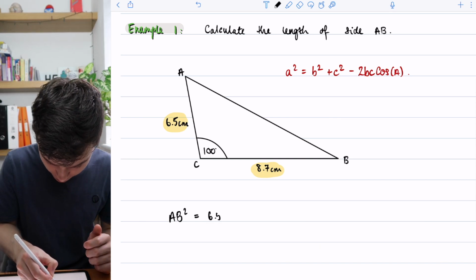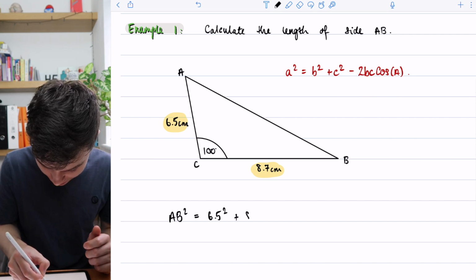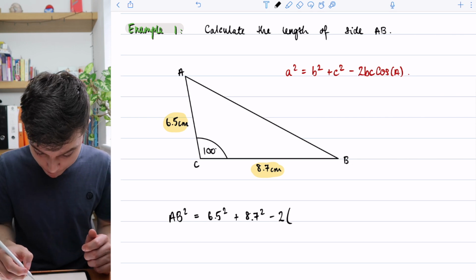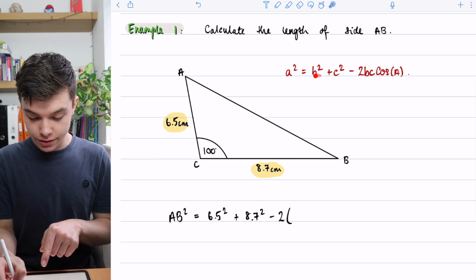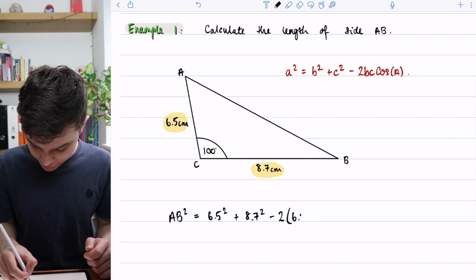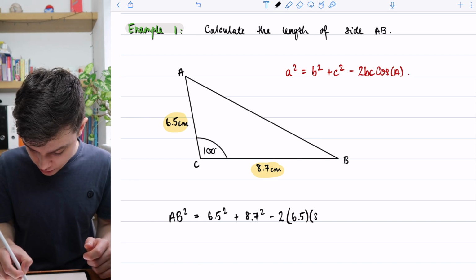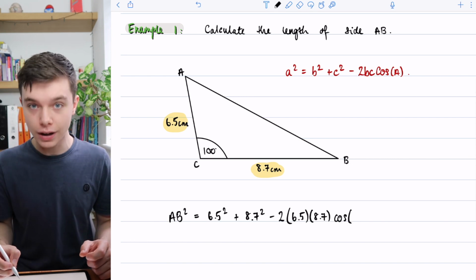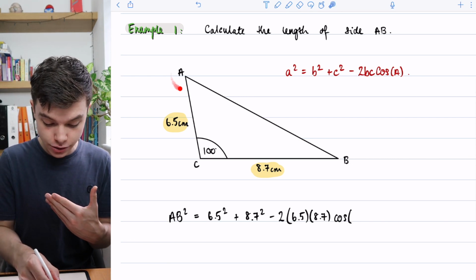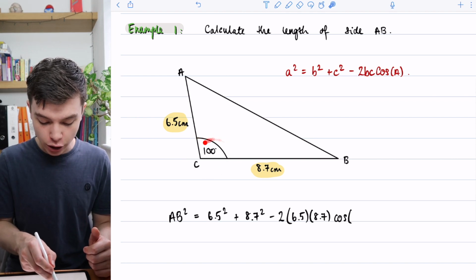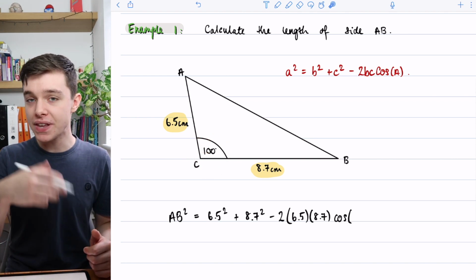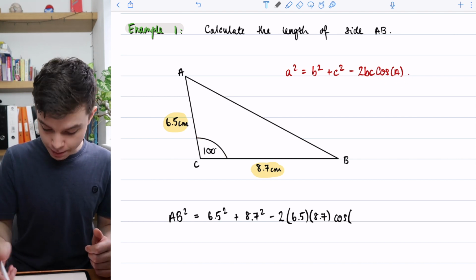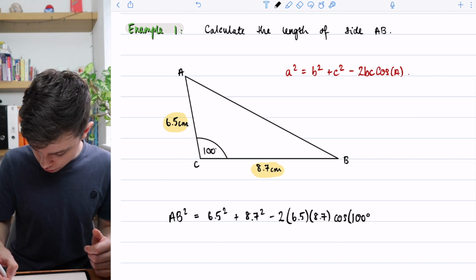So 6.5 squared plus 8.7 squared minus 2 times B, which is the first side that we had here, which is 6.5, times the second, which is 8.7, times cos of angle A. Now, the sides again don't add up, so this is actually angle C, but it doesn't matter. It's the only angle that we know, and that's what we're trying to use. So that must be cos of 100 degrees.